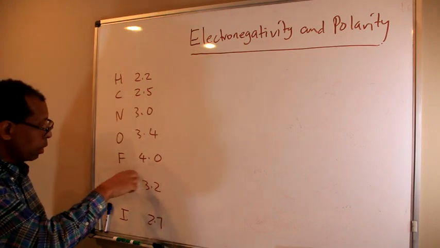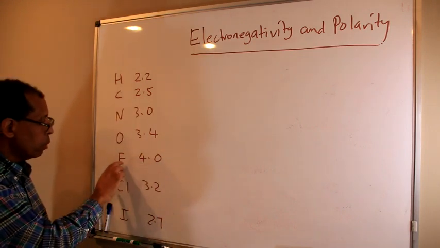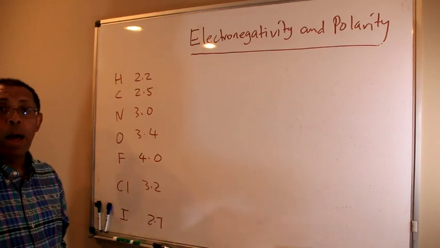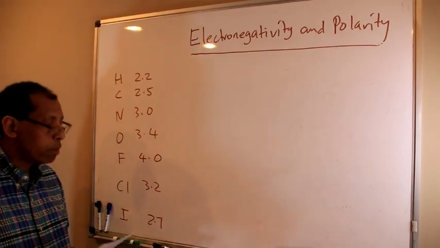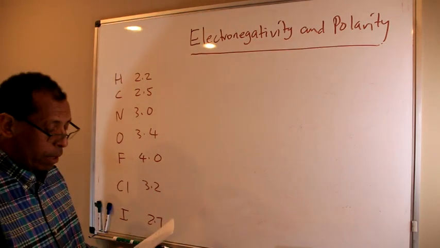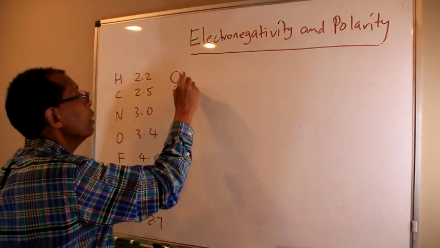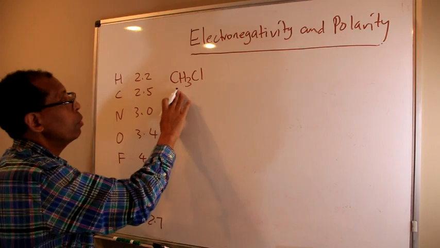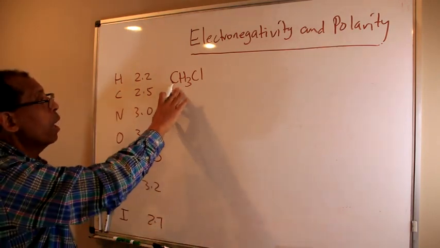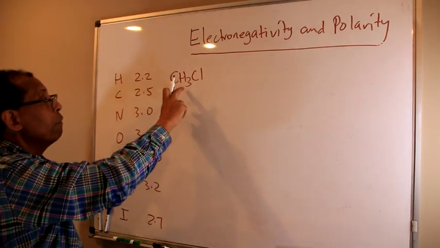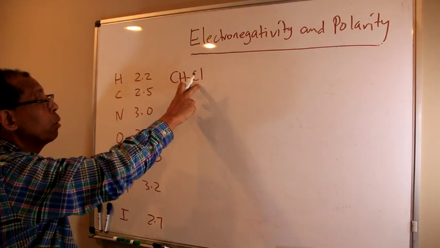As you see, the most electronegative atom here is fluorine. So when you see a substituent, for example, if you have a compound to characterize, if you just look at this, carbon has a substituent of hydrogen and also a chloride.